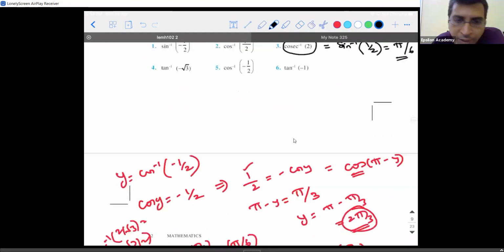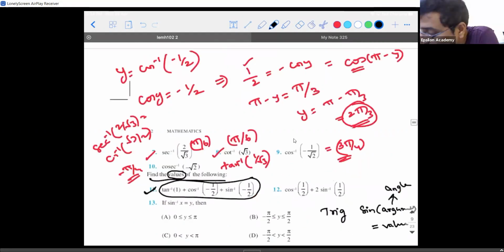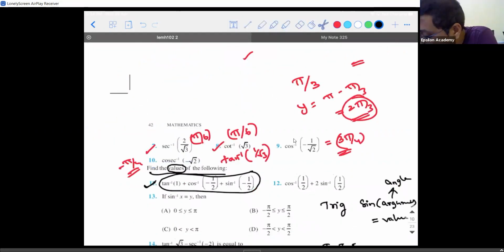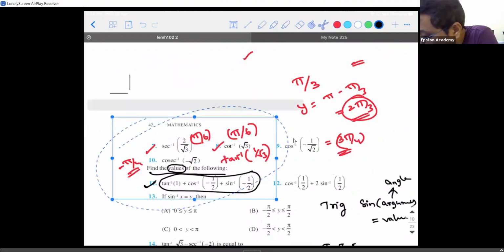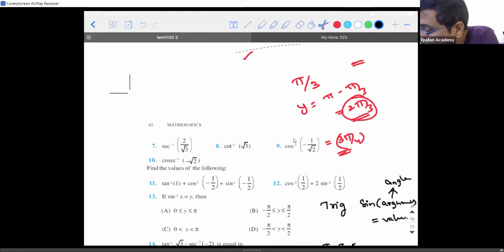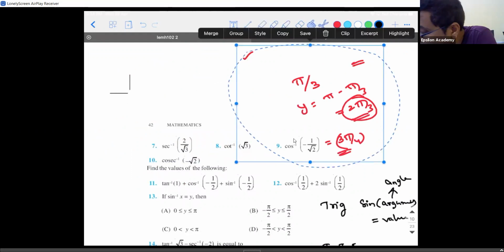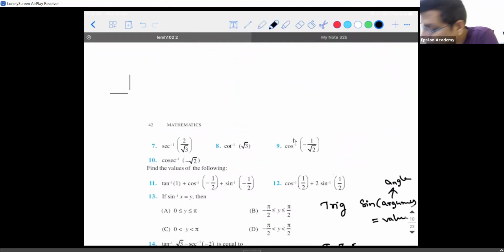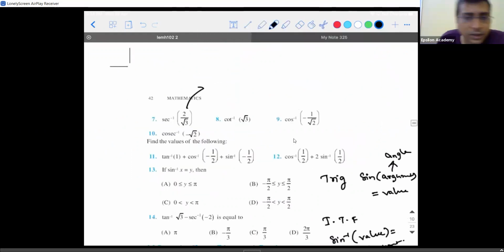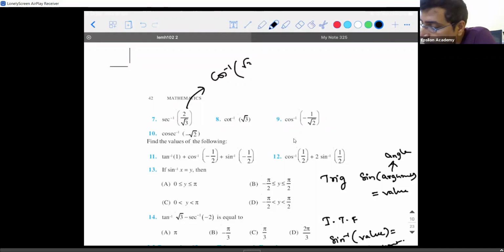You need not sit and break your head with secant inverse and all those things. This is what I told yesterday, but you may not have understood. My mistake, I should not have explained it that way, but it's okay. Now secant inverse of 2 by root 3, which is troubling you, is equal to cos inverse of root 3 by 2.